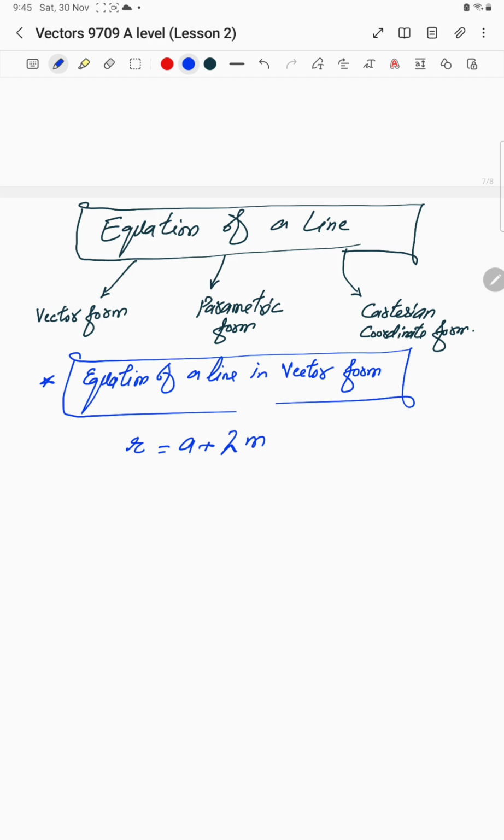And what is m? In a few books it can be written differently. It can be a vector b, but whatever it is, m is called the direction vector.